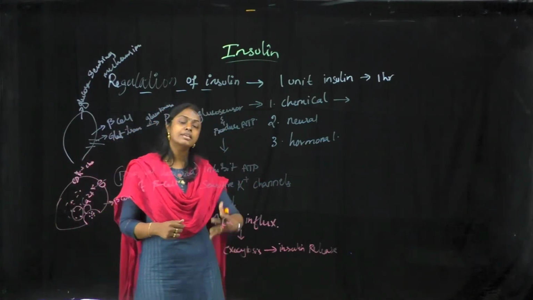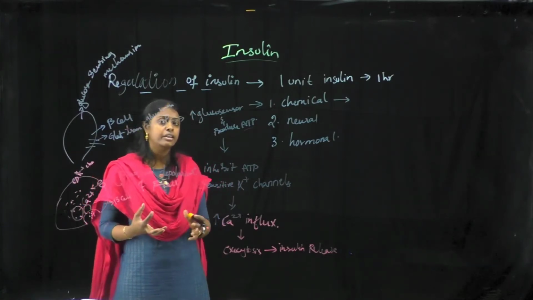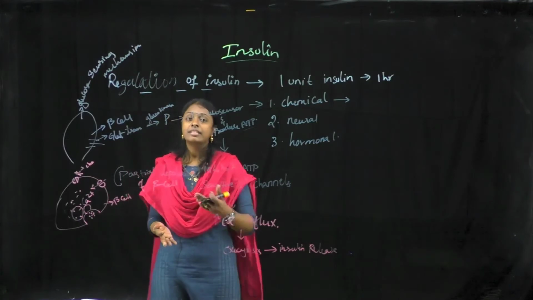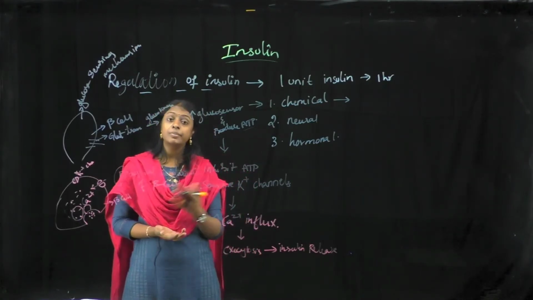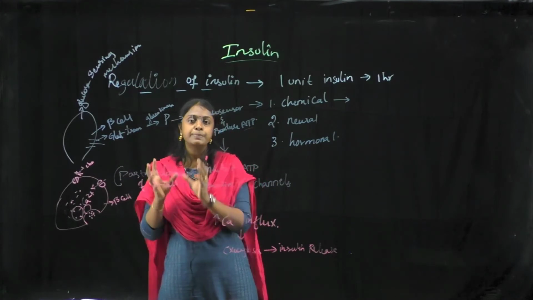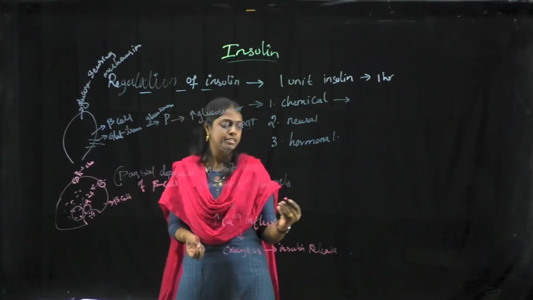Not only glucose, insulin will get activated or inactivated by amino acids, fats and ketones. That's the reason nowadays we have the keto diet. When glucose enters the beta cell, it will release insulin within 2 minutes.